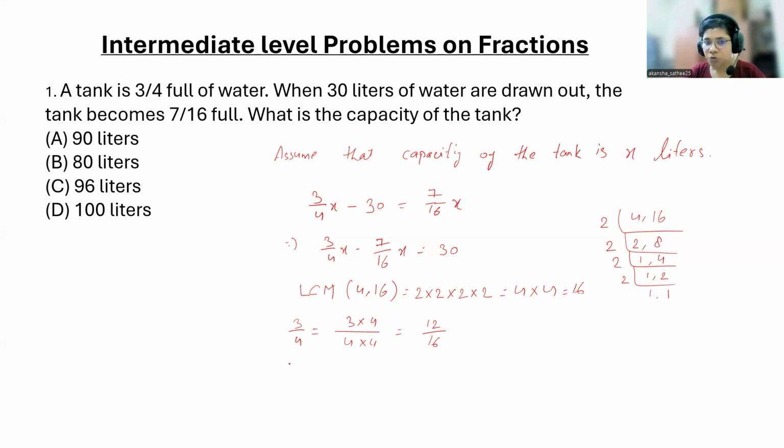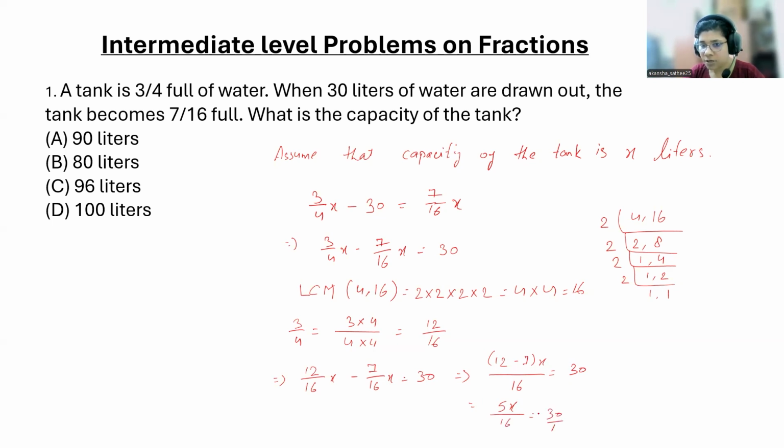So it is 16. So now I can write that equation as 12 by 16x minus 7 by 16x is equal to 30. And 16 is common, right? So 12 minus 7, x you can take out, is equal to 30. So 12 minus 7 is 5. 5x by 16 is equal to 30.